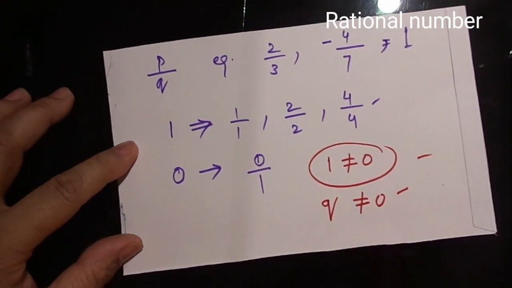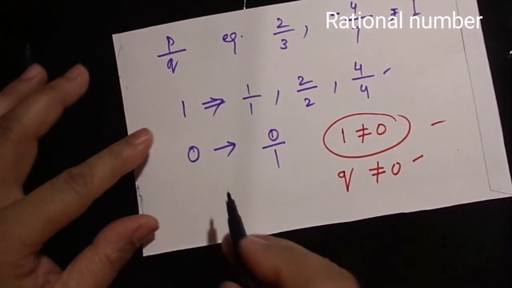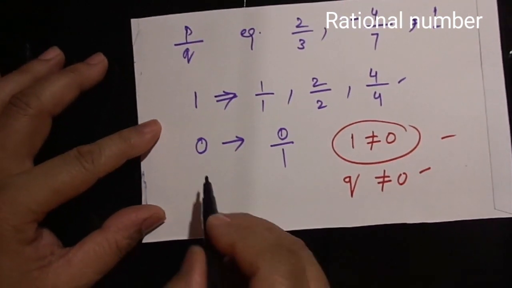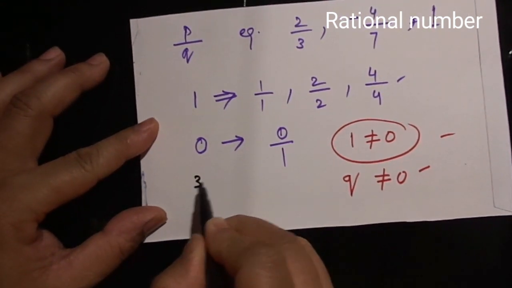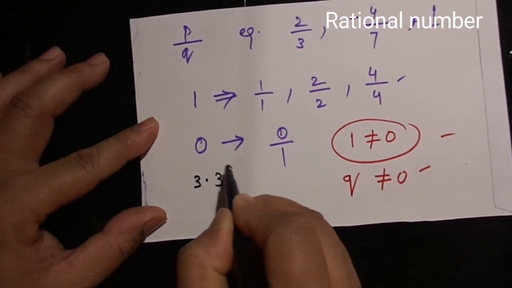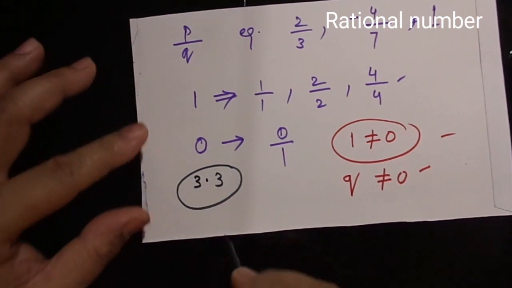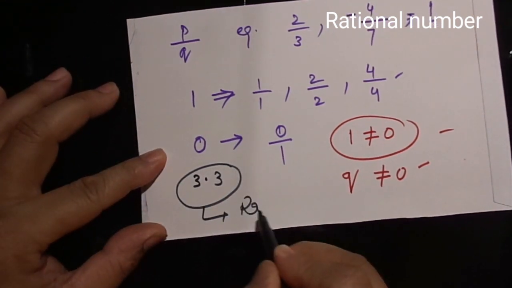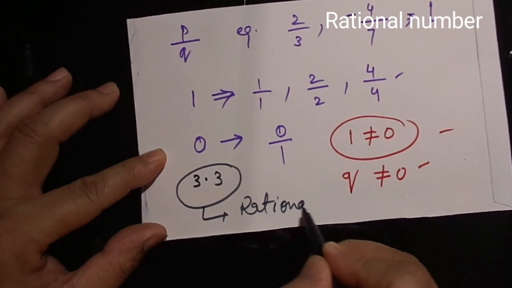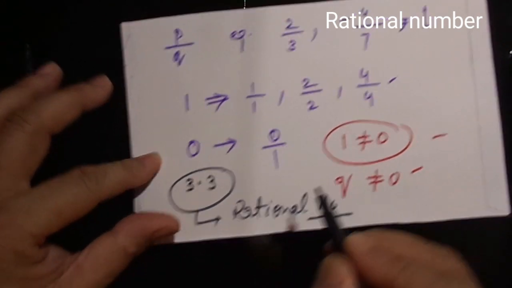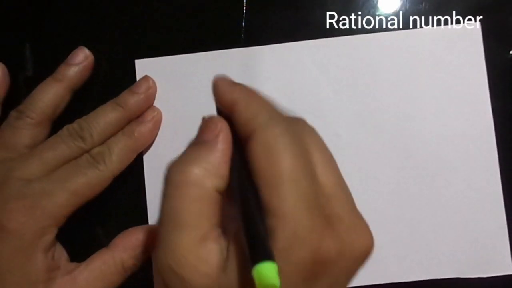Therefore, we say that 0 is also a rational number. One more thing, numbers like 3.45 are also rational numbers. Let me write it once again so that you do not get confused.